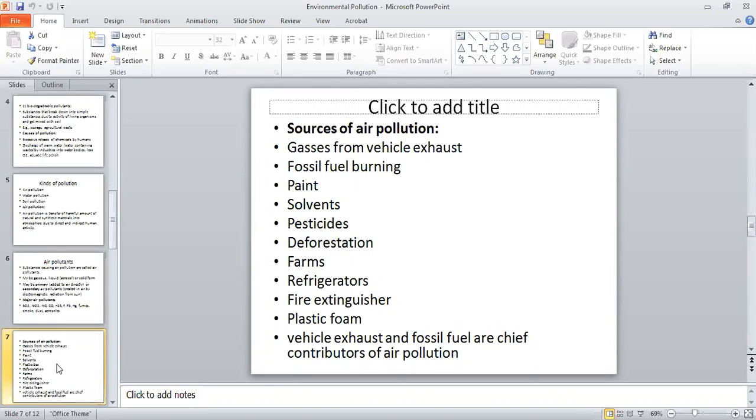Then paint industry, solvents, pesticides, deforestation, foams, refrigerators, fire extinguishers, plastic foam manufacturing, and vehicle exhaust. All these are the sources from where the pollutants are added into the environment. Out of these, vehicular exhaust and fossil fuel are the chief contributors of air pollution.